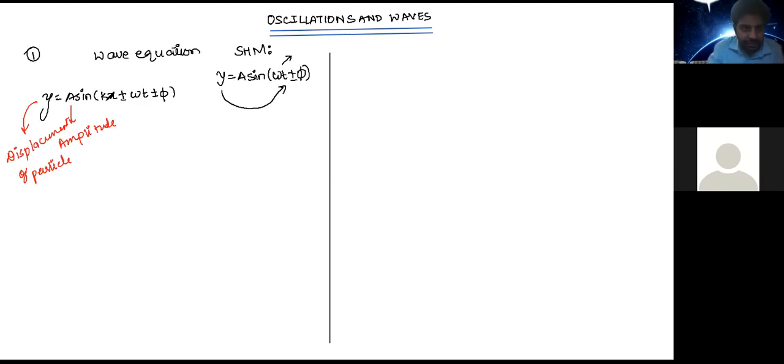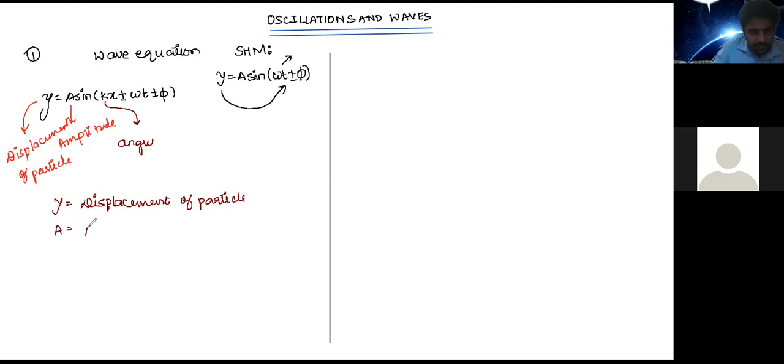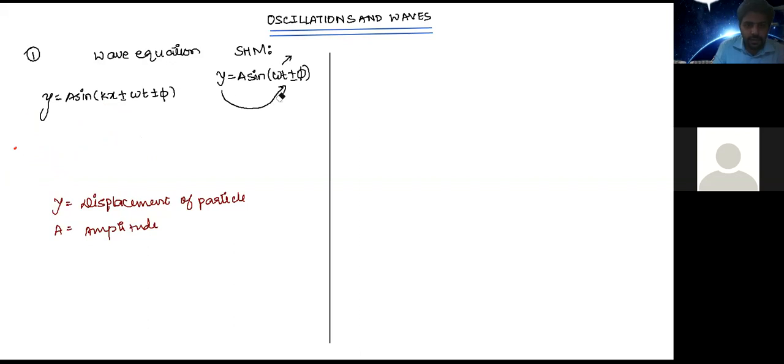I'll write it separately also. y is the displacement of the particle, and a is the amplitude.